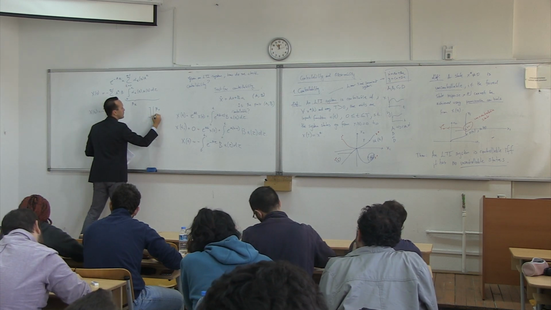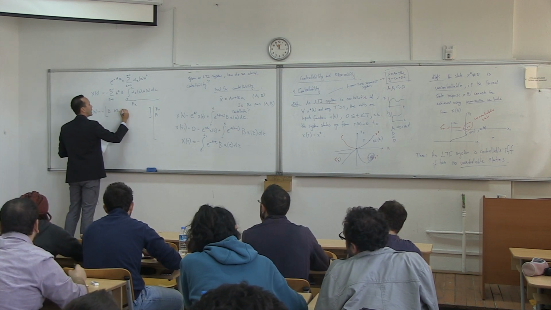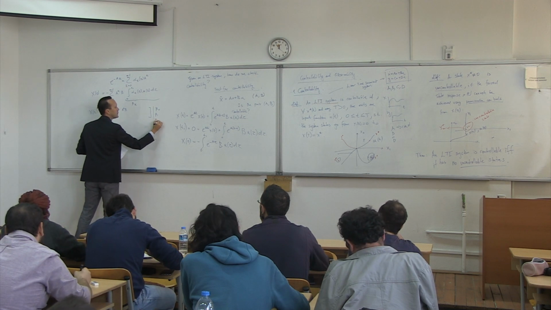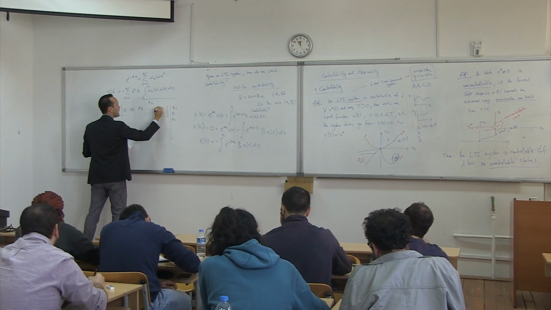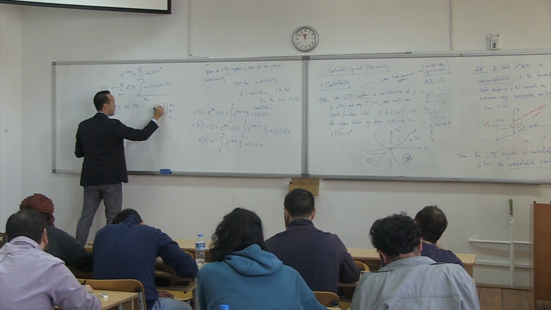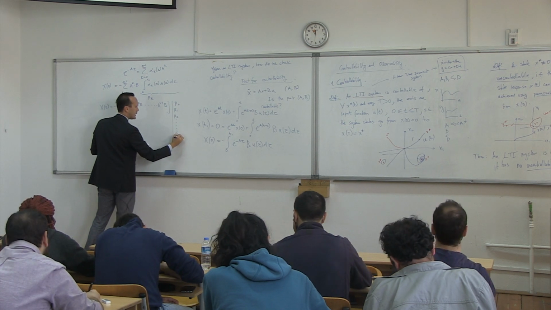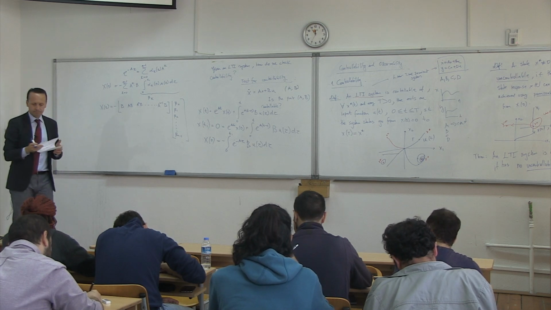The second one will be A squared times B, beta 2. And this would go on until A to the power n minus 1 times B, and here it would go on until beta n minus 1. Okay?